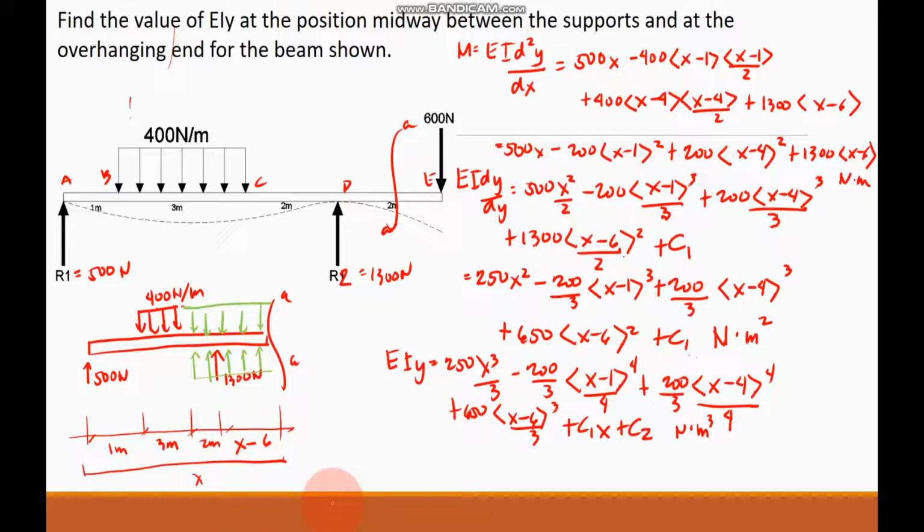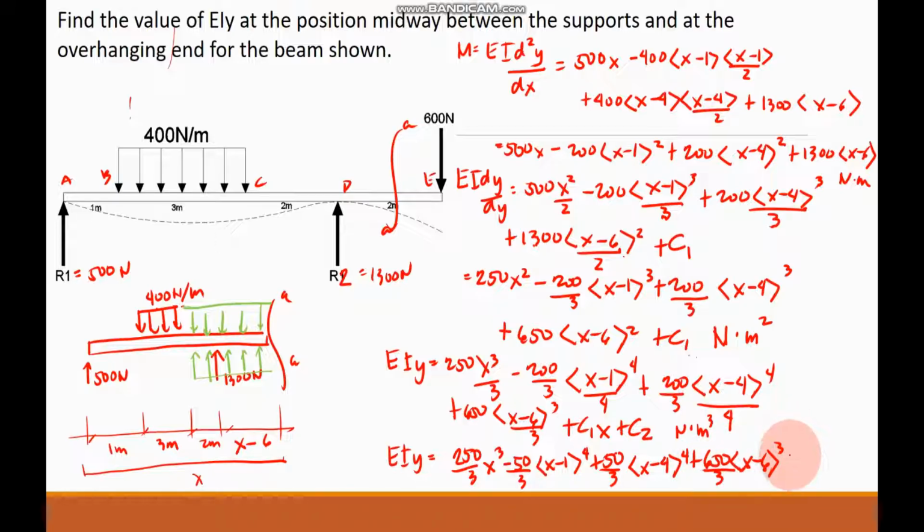So simplify pa natin. So we have here EIy is equal to 250 all over 3 x raised to 3 minus 50 all over 3 (x minus 1) raised to 4 plus 50 all over 3 of (x minus 4) raised to 4 plus 650 of (x minus 6) raised to 3 all over 3 plus C1x plus C2 Newton dot meter cube.